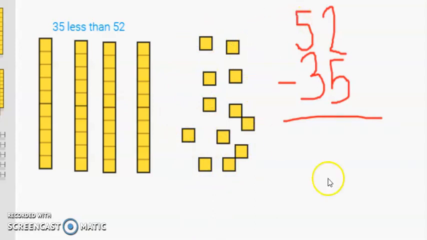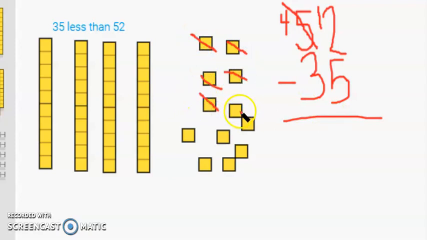So those of you that do the regular way, that your parents call the regular way, I should say, we took away 1 10, so now we have 4 left. And then we put an extra 10 over here, so all together we have 12 ones. So now we can subtract. We can take away 1, 2, 3, 4, 5.